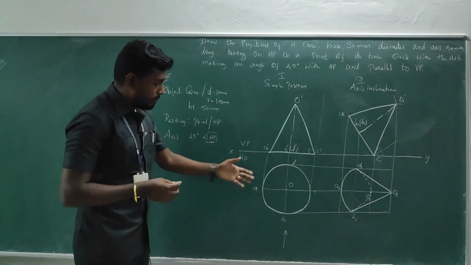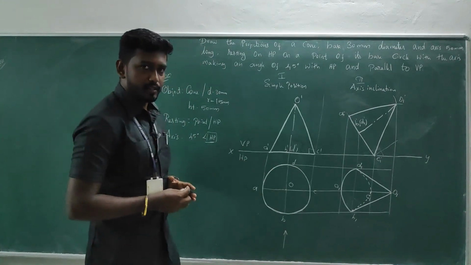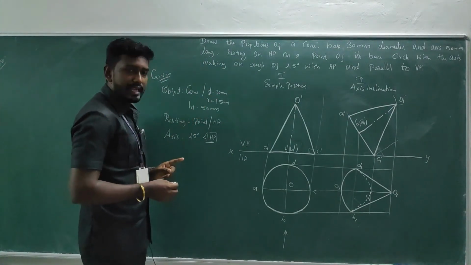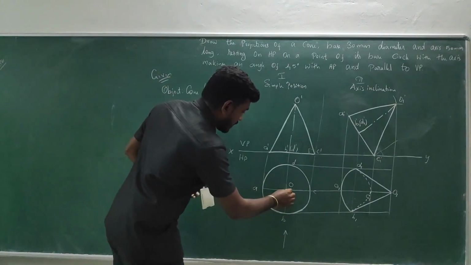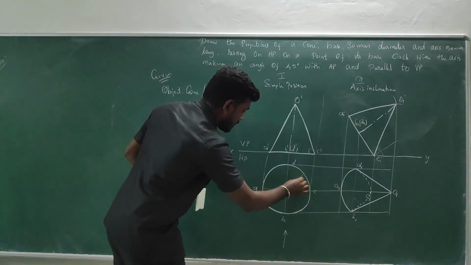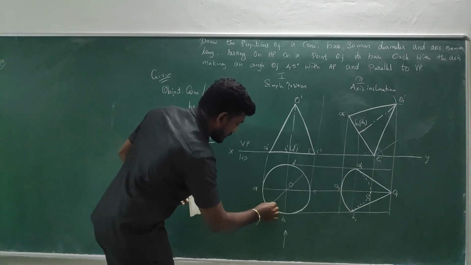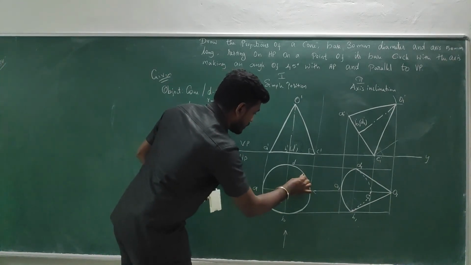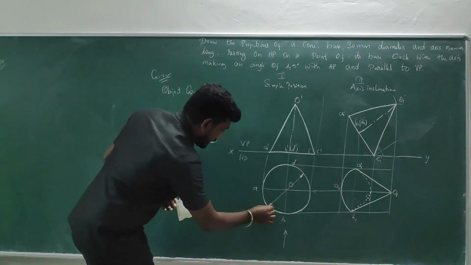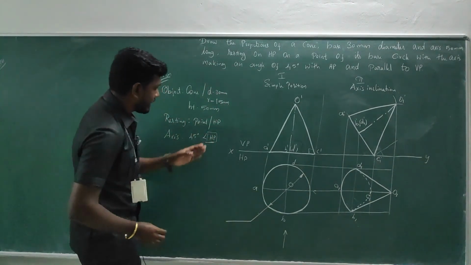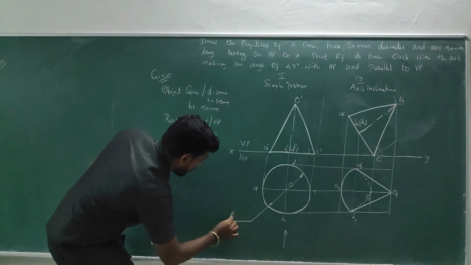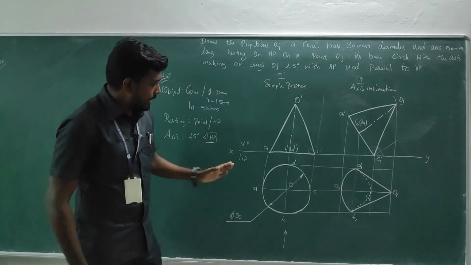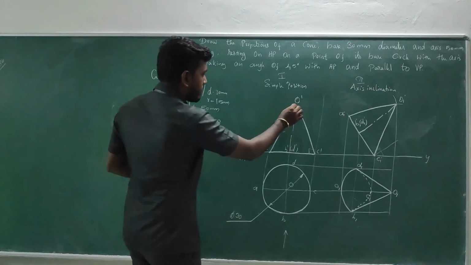So just try to mark the measurements. Here the cone base diameter is given as 30 mm. So here you need to specify it. For that I'm going to draw a diagonal line, something like this, and capture it with filled arrows at the ends, and take leader lines like this, and right above write the diameter, phi 30. Then the axis height is provided.